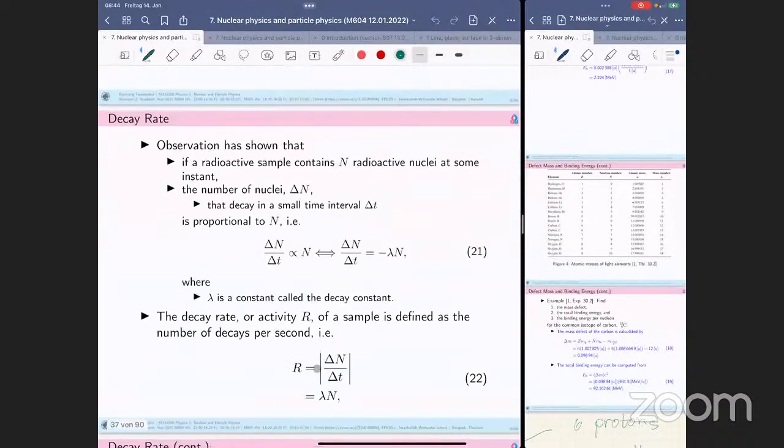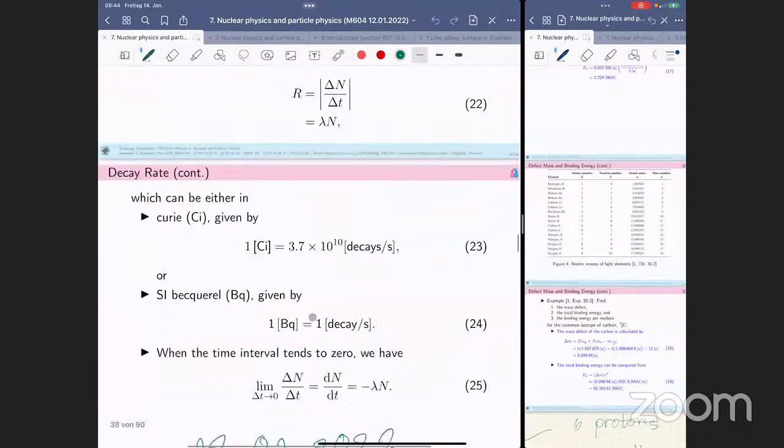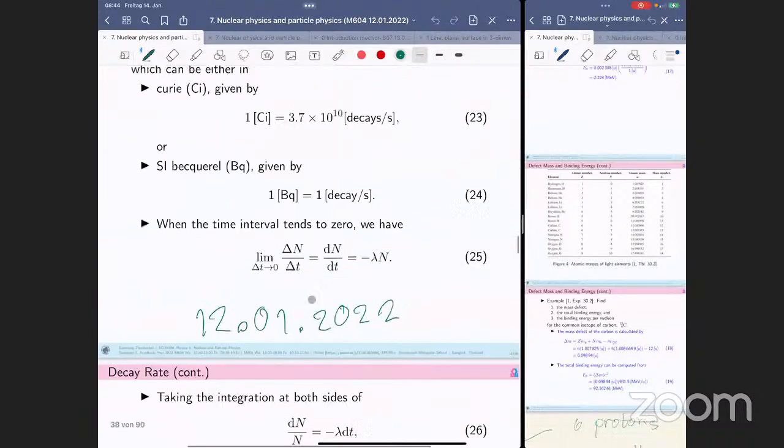Without the absolute value, it's the rate of change of the nuclei per time, and you take the limit in the sense of calculus. Delta is going to be changed to the differential.